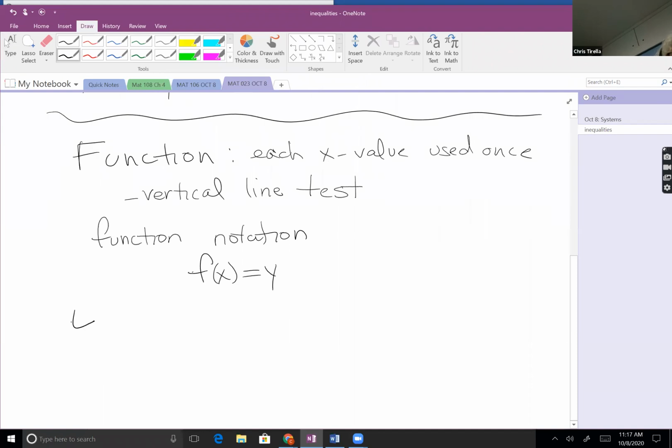And so if I have something like f of x equals 2x plus 1, and I ask for something like f of 3, can anybody remember what we were supposed to do with that 3?